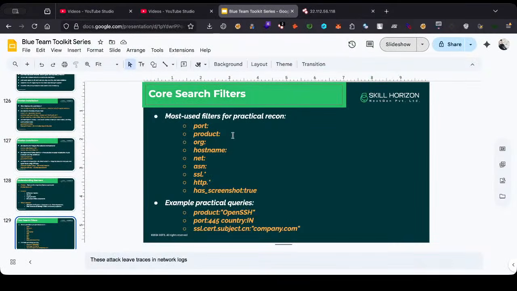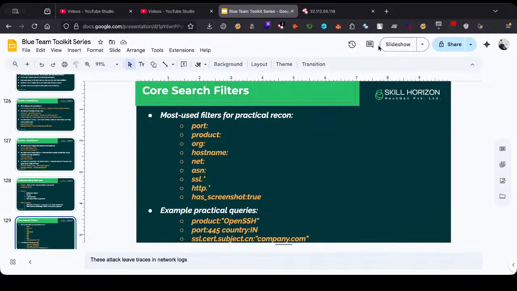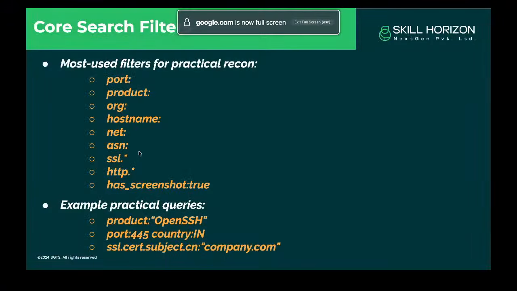So Shodan has multiple filters. You can use it with your need. If you want to check with the port numbers, random or common port numbers, then you use the port filter, the product filter, the hostname filter, network, right? ASN, SSL, that depends, right?